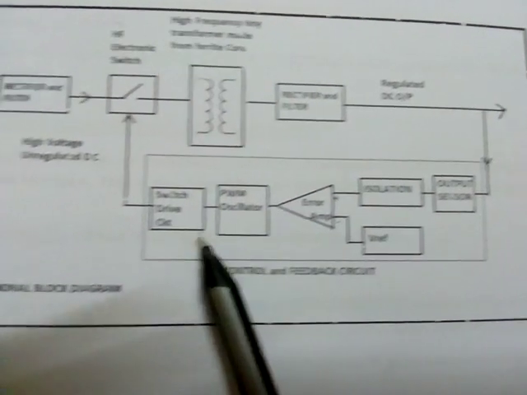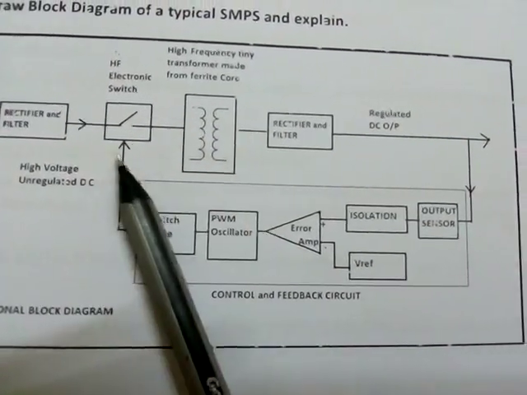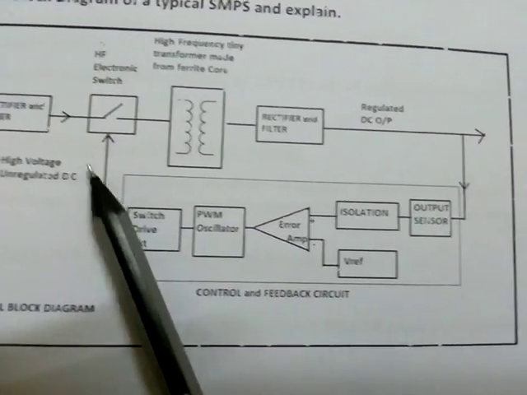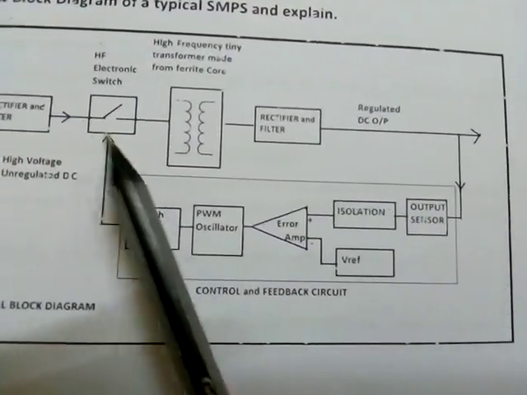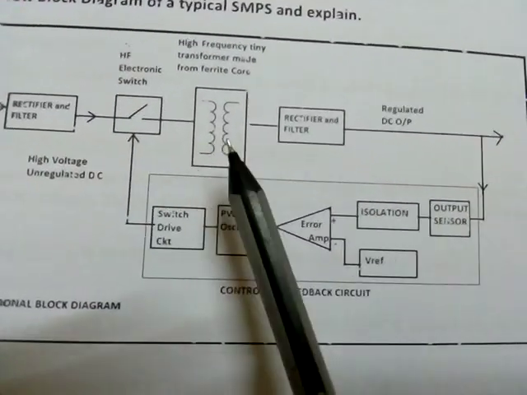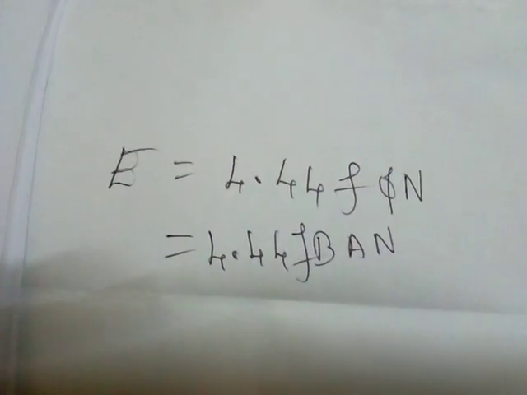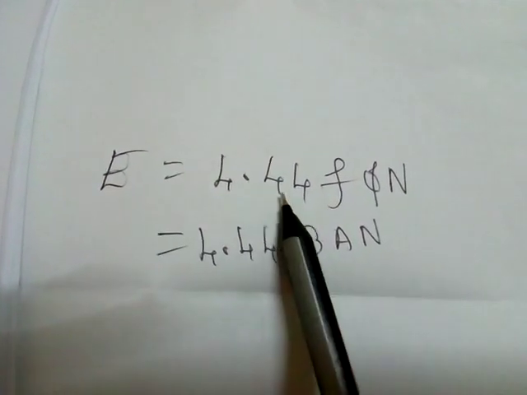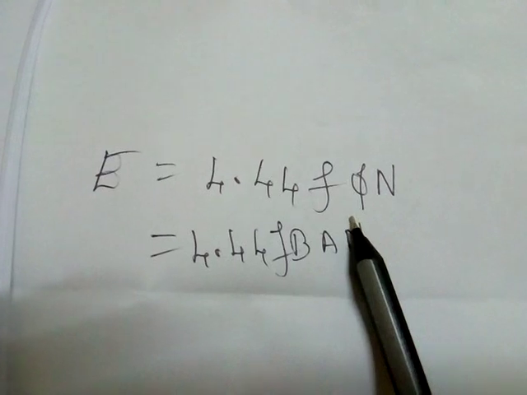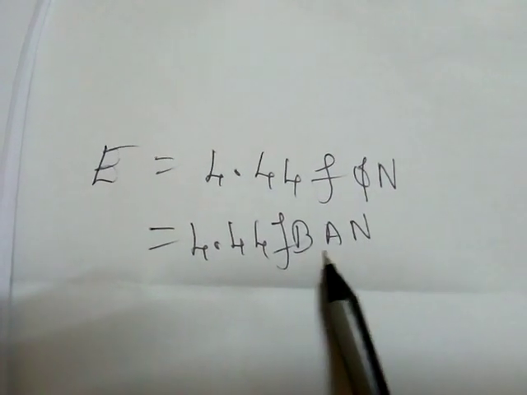So here that switch will operate at very high speed, say 40-50 kilohertz or even more. Now the transformer size can be very much less. You know, for a transformer, E is equal to this much, phi is equal to VA.